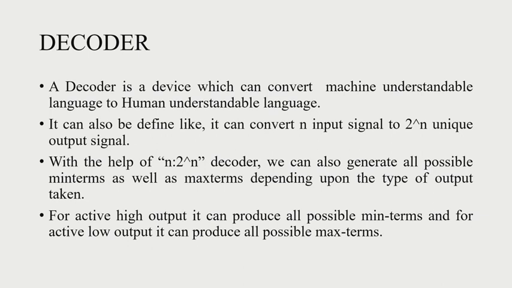As we all know, with the help of an n to 2^n decoder, we can generate all the minterms or the maxterms of n input variables depending upon how we take the outputs. When we take active high outputs, the decoder circuit will generate all the possible minterms, and when we take active low outputs, the decoder circuit will generate all possible maxterms.